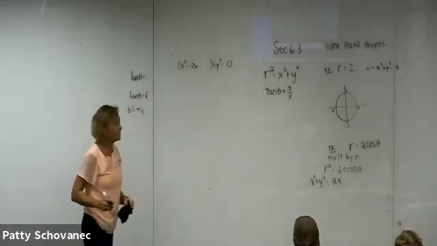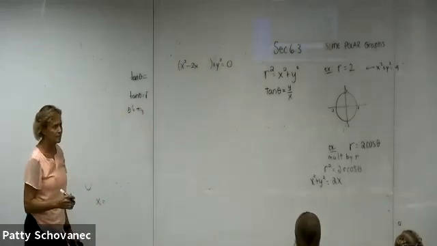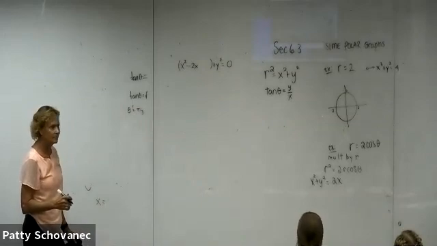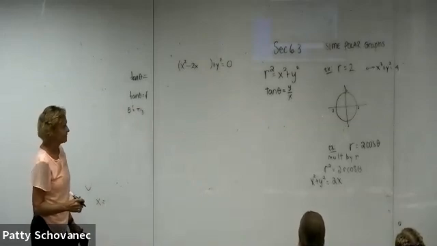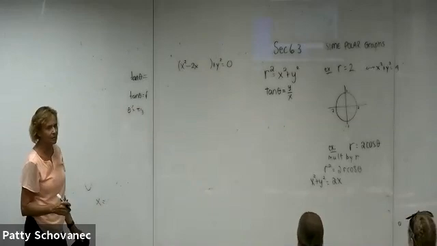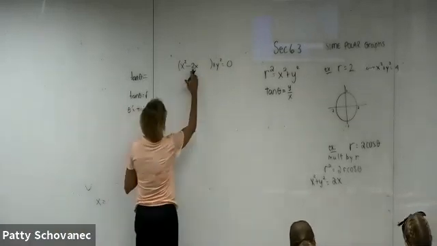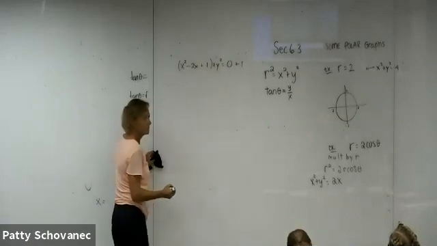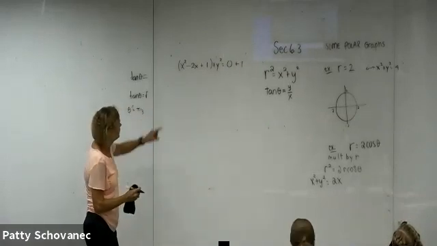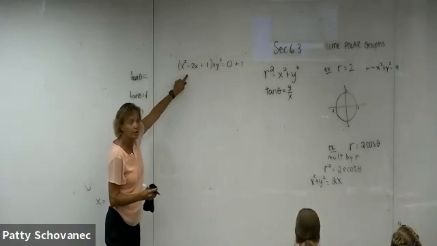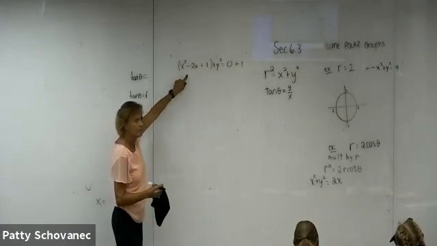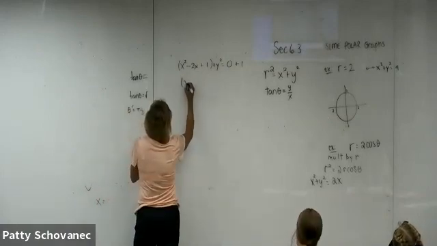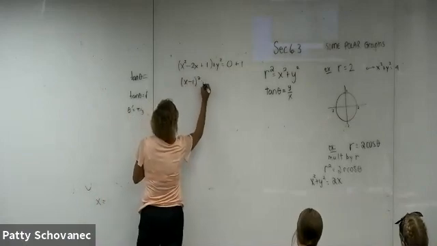And now I want you to complete the square on the x. Half the middle term squared. Half of 2 is 1, 1 squared is 1. Add a 1 there, add a 1 there. So that should factor as a perfect square. How does it factor? x minus 1 all squared.